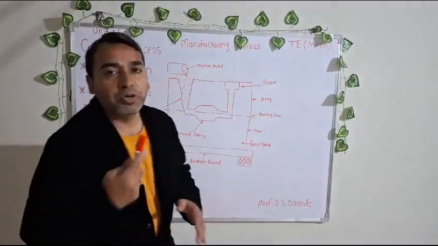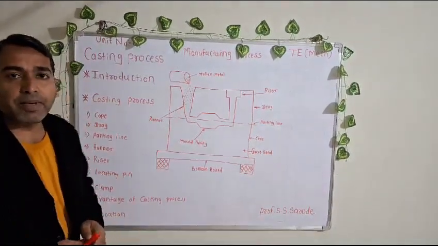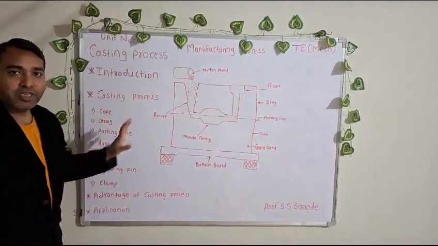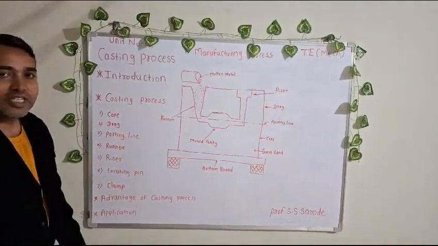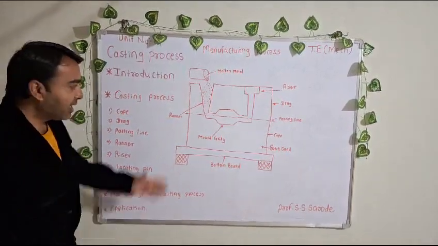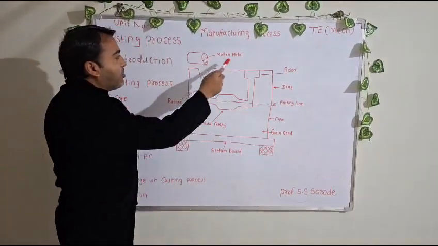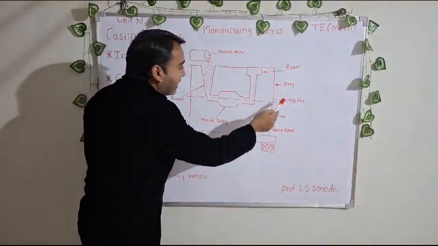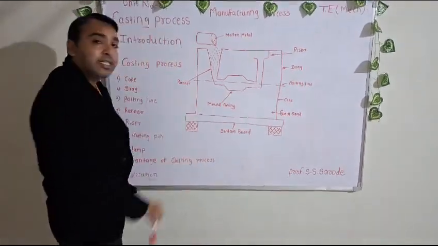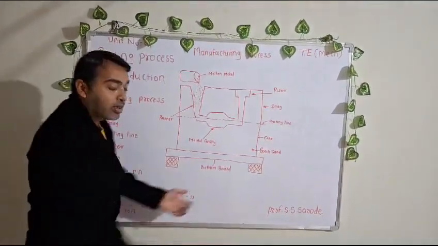Now we are going to study the different parameters in the casting process. So look at this board, and over this board there is the casting process figure. First of all, I introduce the figure of the casting process. In this process there is the molten metal, riser, drag, parting line, cope, green sand, mold cavity, and runner.